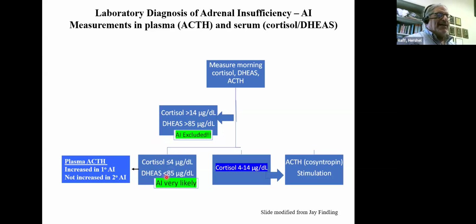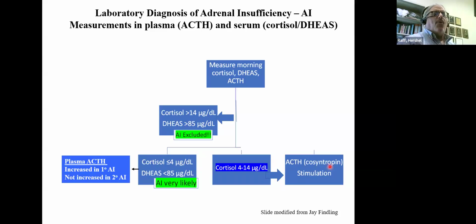If the cortisol and DHEA are very, very, very low, and the ACTH is elevated, they have primary adrenal insufficiency. If the ACTH is inappropriately not increased, they have secondary adrenal insufficiency. If the cortisol is intermediate between low and normal, we do ACTH stimulation testing, which I'll show in a minute.